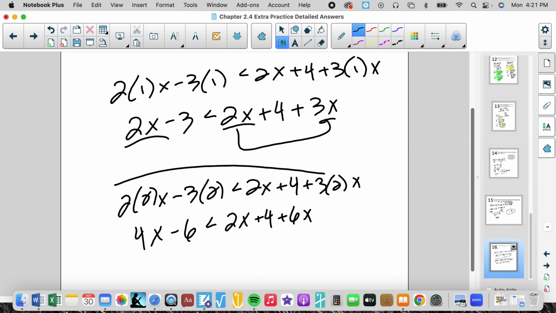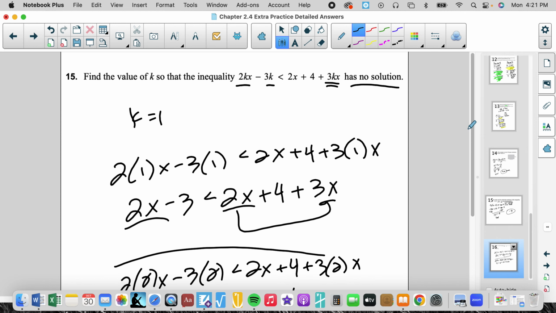So we're moving in the wrong direction. No, it can't be 0 because 0 would leave me with 2x. All right, maybe a fraction. Wow, this is super challenging. You know, I'll tell you my first inkling.